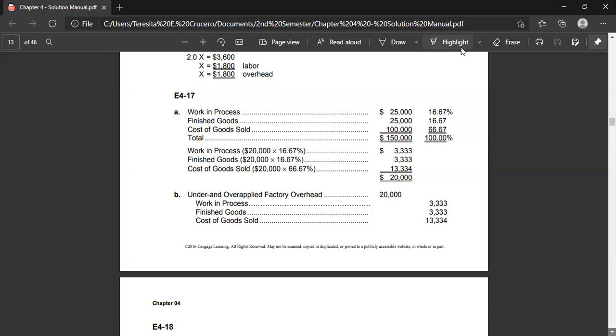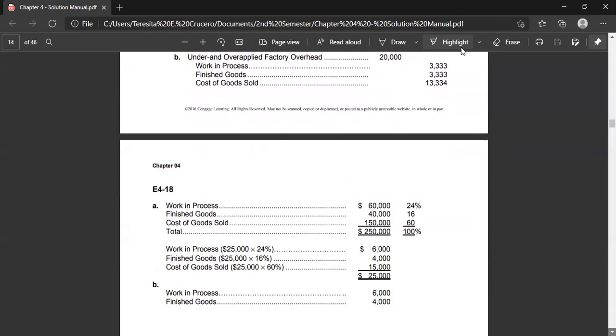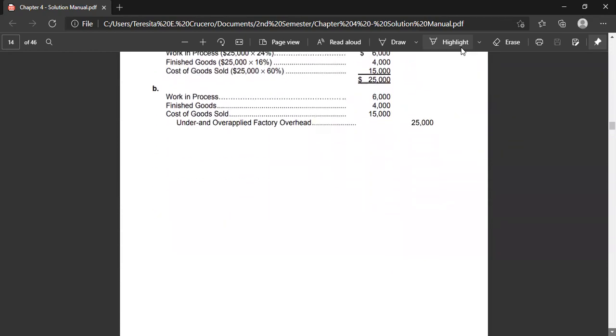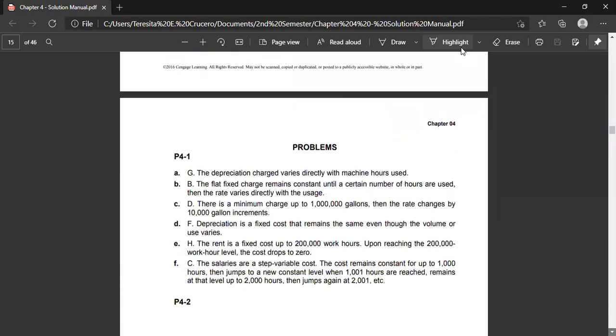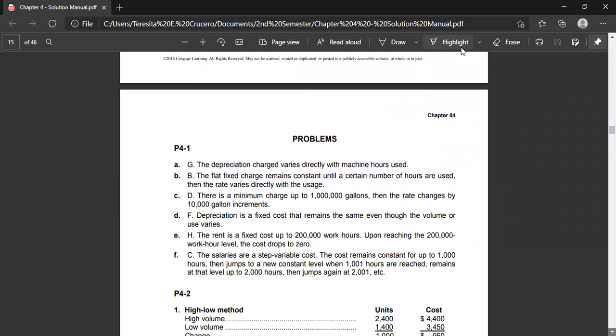Okay, so the next problem is still in connection with the variable and fixed cost pattern analysis.